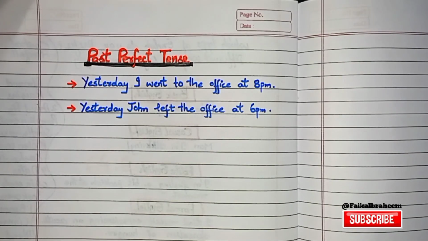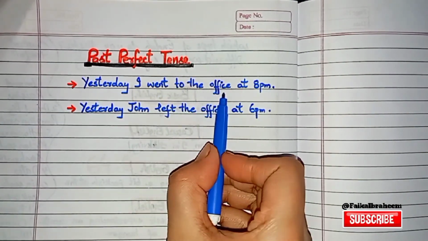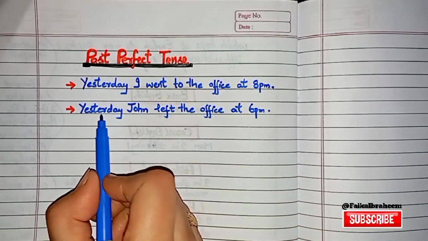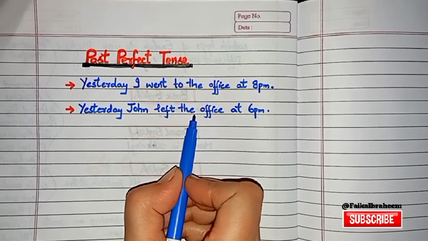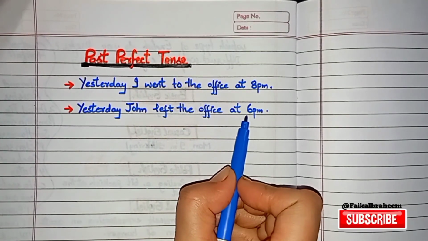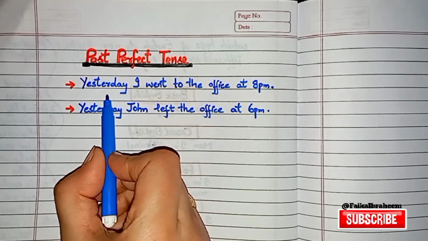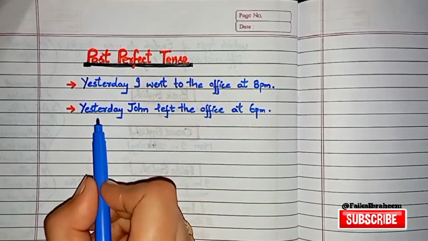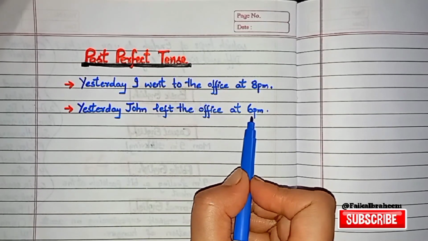Look at these sentences. Yesterday, I went to the office at 8 pm. Second sentence. Yesterday, John left the office at 6 pm.